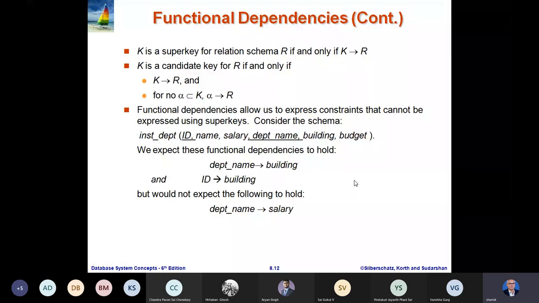We are going to continue our discussions on functional dependencies and how we can design databases using the concept of functional dependencies.